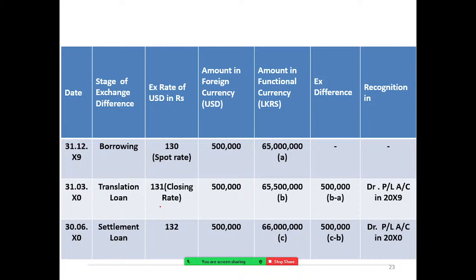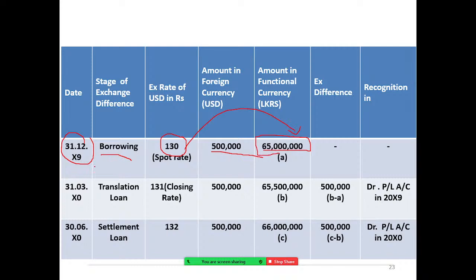Here the answer is very simple. The transaction occurs, borrowing on this date. That time the spot rate is 130, and the foreign currency amount is 500,000. So it is very simple to convert this transaction into functional currency: 500,000 into 130 equals 65 million.